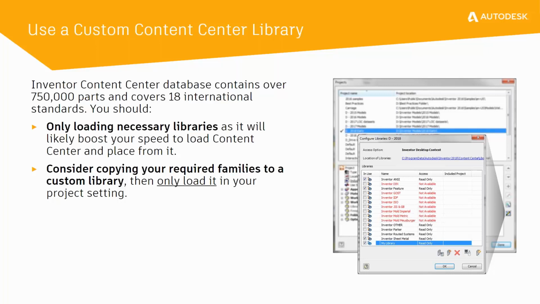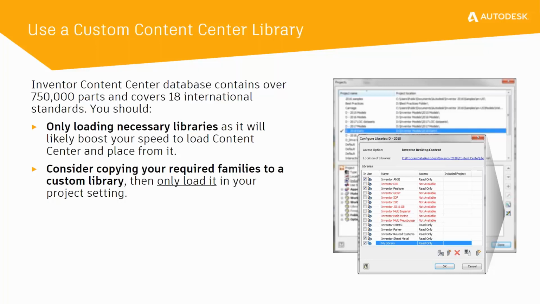The reality is if you're struggling with large assembly performance, one of the first things you can do is look to reduce the size of your content center, because the database that comes installed has in excess of 750,000 components, and that may be unnecessarily loading potentially hundreds of thousands of components when you go to use the content center.